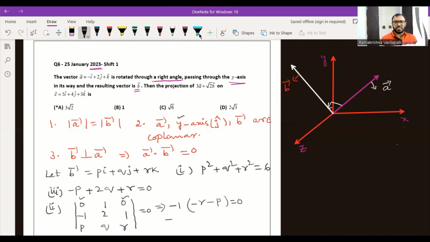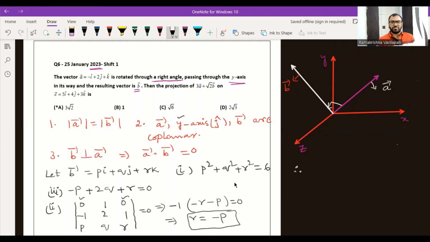So this implies R equals minus P, or P plus R equals 0. So we got this relation.